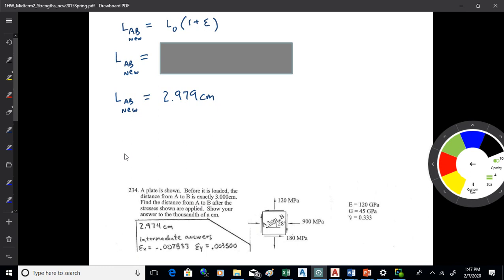Now, I do want to point out why there's that difference in convention. Stress starts at the vertical plane. So this is the convention for stress.